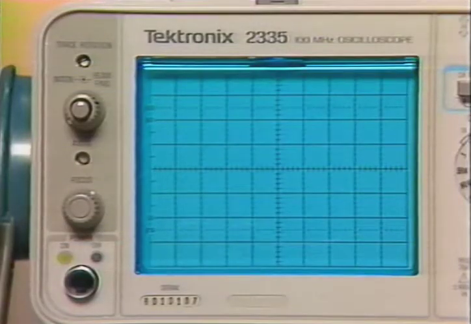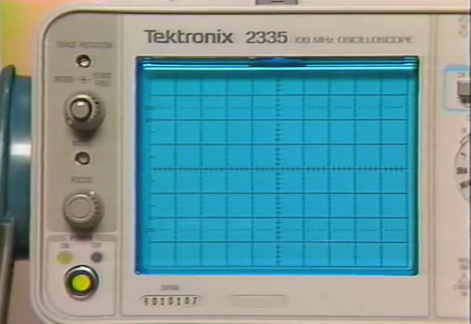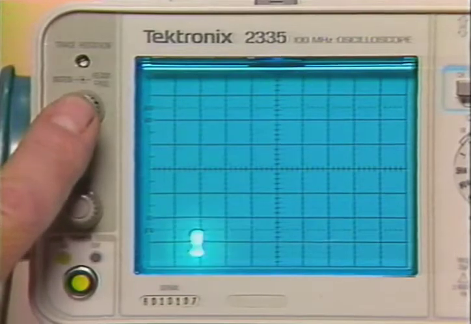When an oscilloscope is first turned on, the CRT may not show anything. This can happen for several reasons. The beam may be adjusted off-screen by the position controls, or the intensity control may be turned down too far. The beam finder helps to locate the display anytime it's off-screen.